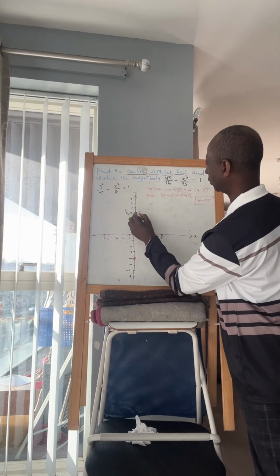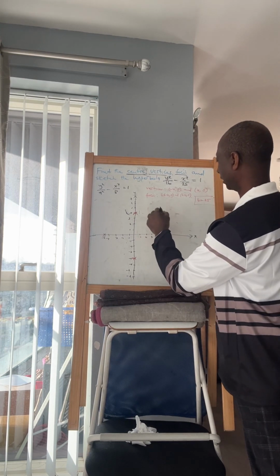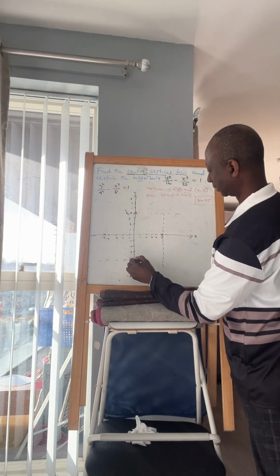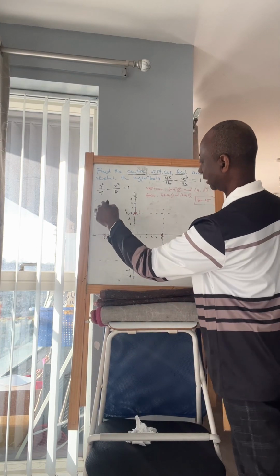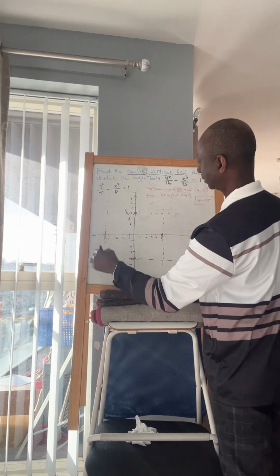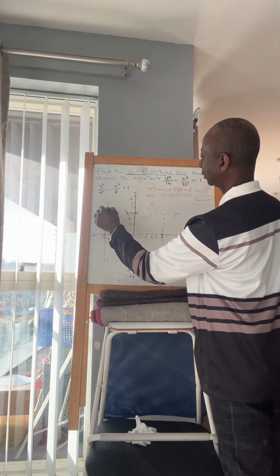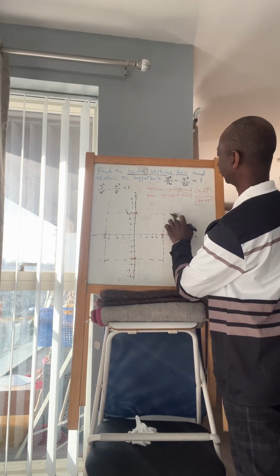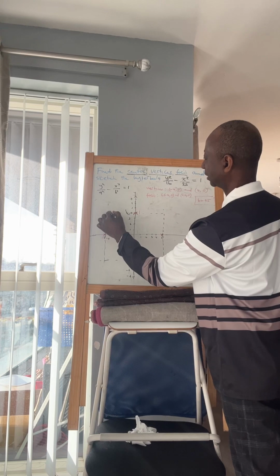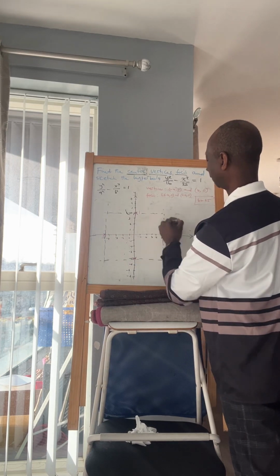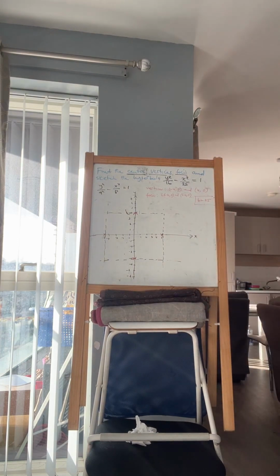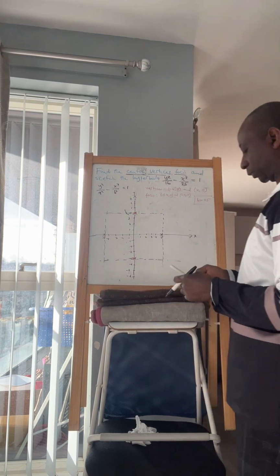So now, if we draw a vertical straight line, a horizontal straight line, and another vertical and horizontal line, they meet here and here. This rectangle is what we need.